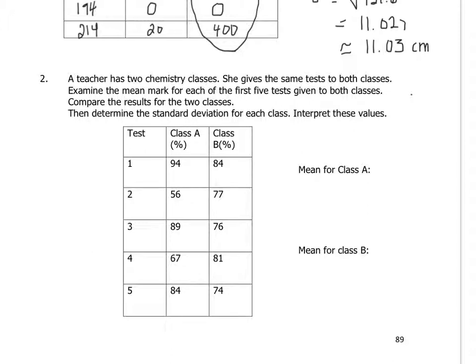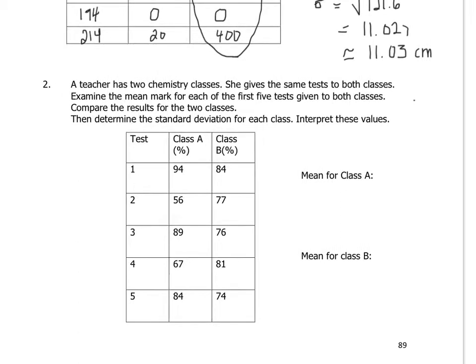So the first one, the mean for Class A, would be 94 plus 56 plus 89 plus 67 plus 84, which would be 390, the sum of all the data values in Class A's tests, and that's 5 of those data values.